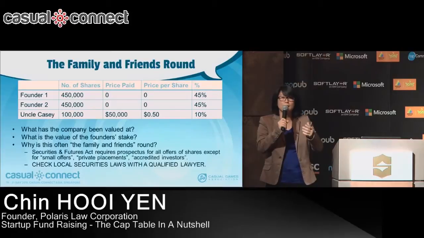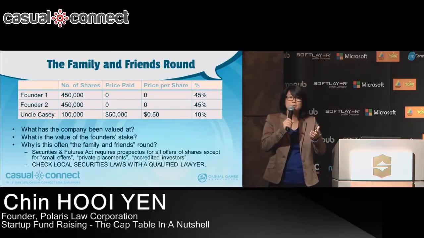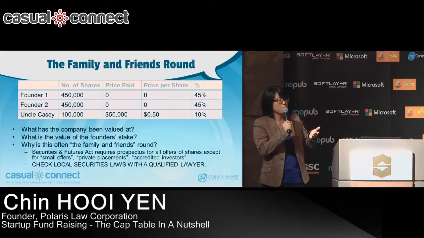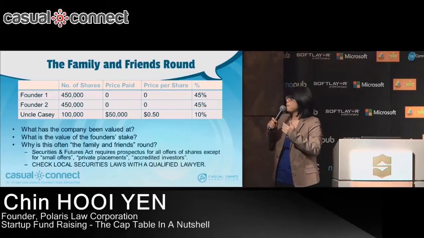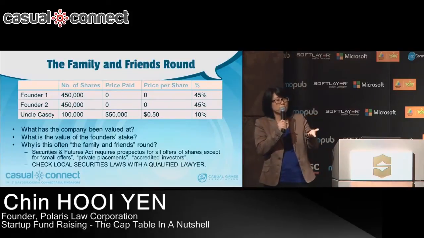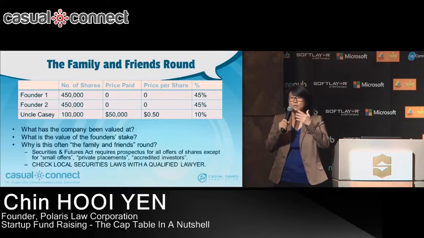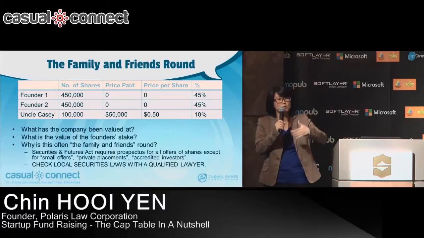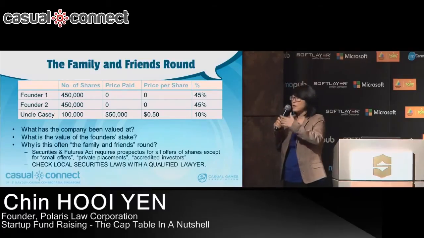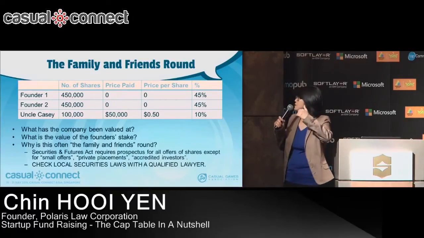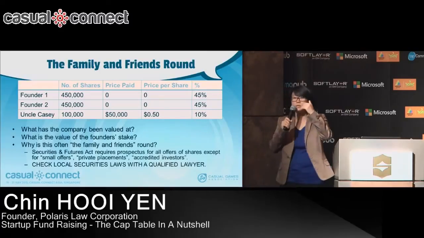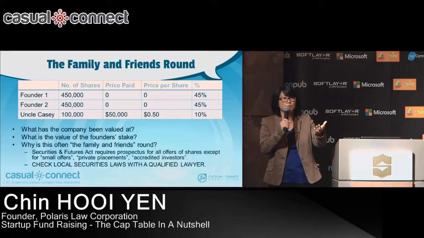For example, you cannot have incurred expenses for advertising and other promotional activities. You need to inform the offeree of the offer that there is no prospectus registered in respect of the offer and so forth. So there are a number of requirements, but there are exceptions. So the small offers exception, private placements, accredited investors, and so forth.